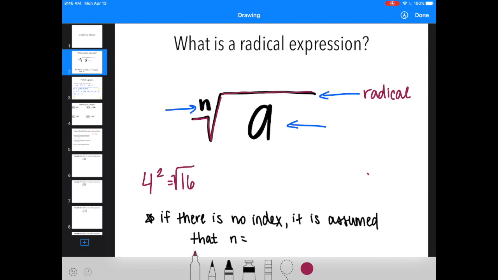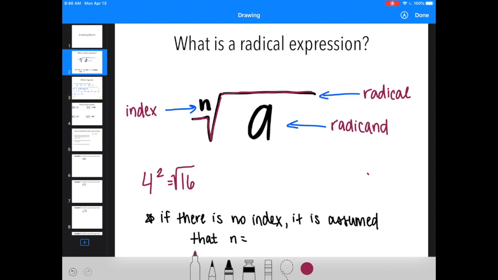Okay. Underneath our radical is kind of, I like to call it the junk in the trunk. That's called our radicand. And then right here, that little n, that is known as our index. Most of the time, there is no index written.